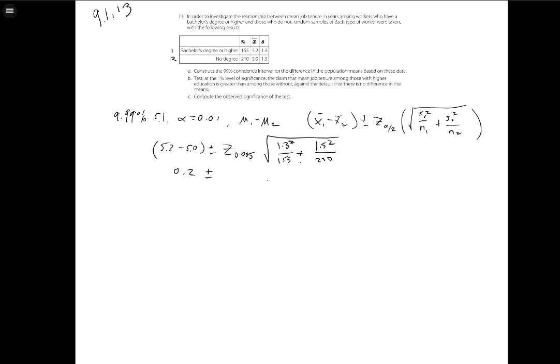We can go into the cumulative standard normal table and look inside the table for the 0.005 value to find what the z value on the outside of the table is, or we can go to the t-distribution and look at 0.005 at an infinite sample size, where the t-distribution is equivalent to the standard normal distribution. That's where I got this.